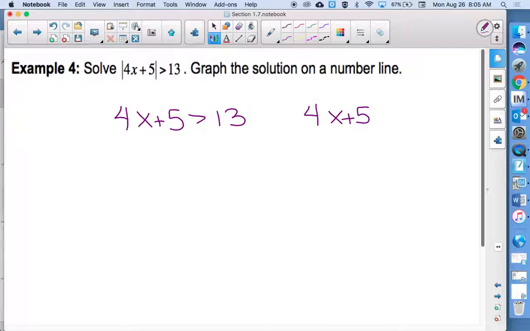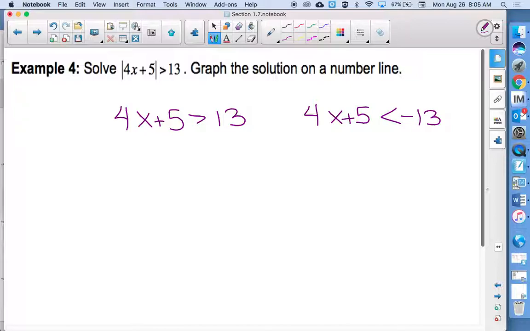greater than, or less than. So he said it should be less than instead of greater than. What else is going to be with this? A negative 13. So because we're dealing with inequalities, if you're placing a negative in there, you're really kind of like multiplying by a negative 1. When you multiply by a negative number, you need to flip the inequality sign.